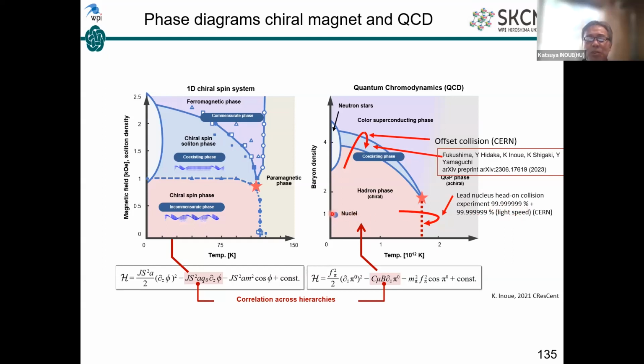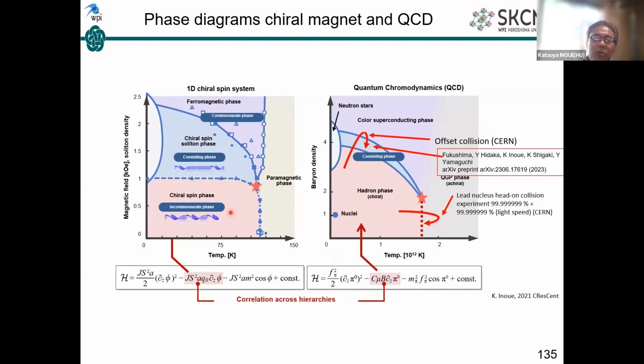Then they go from this nuclear density to heating up to this temperature. And they find they lose the hadron phase to the QGP phase. This corresponds to losing this term, and increasing this term much bigger. Then they go to something like a paramagnetic state.